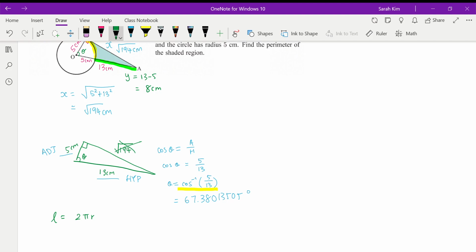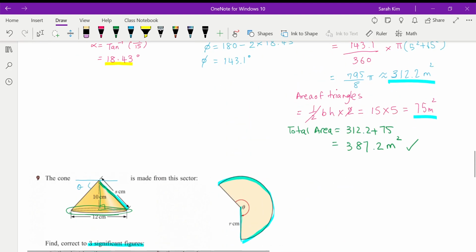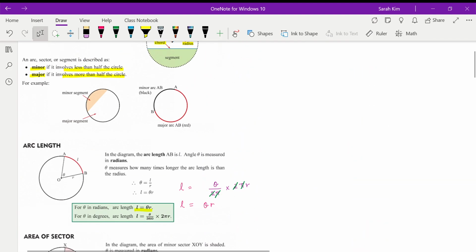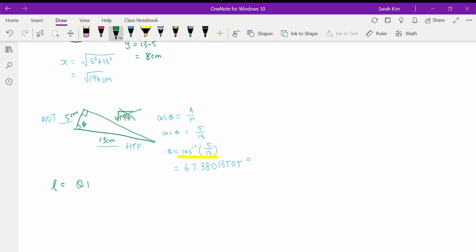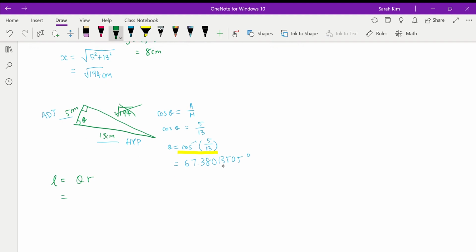Arc length in radians is theta times r. My radius is 5 centimeters. So I write cos minus 1 of 5 over 13, times 5. So I get approximately 5.88 centimeters.